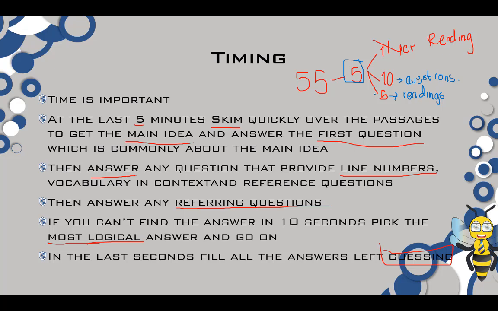If you have 10 minutes for each of the 5 readings, this makes a total of 50 minutes. So we recommend you not to use 11 minutes per reading. That should not be correct. Always remember that you have only 10 minutes per reading. And those 5 extra minutes that you have, use them to skim quickly over the passages and answer the first questions.